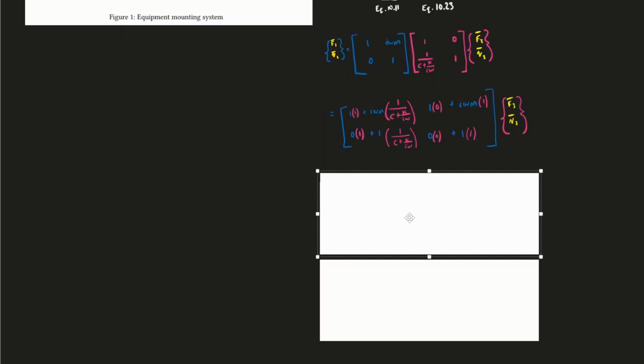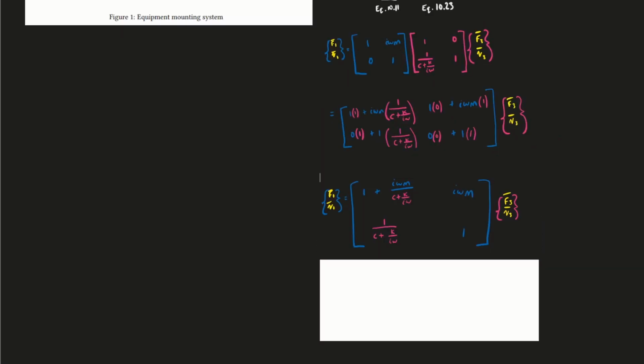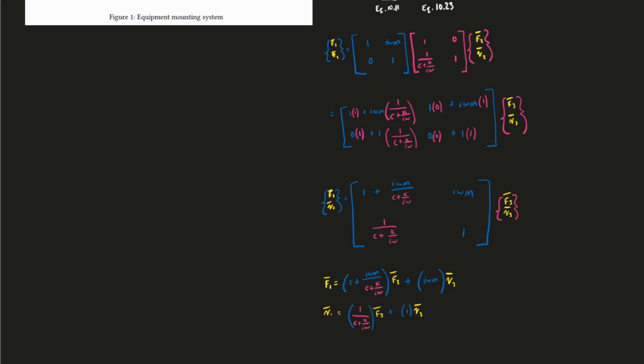Then we'll see in the next step that we can simplify the terms in this matrix just a little bit. And then next we'll want to multiply our output vector F3, V3 into this matrix to arrive at these two equations seen here.